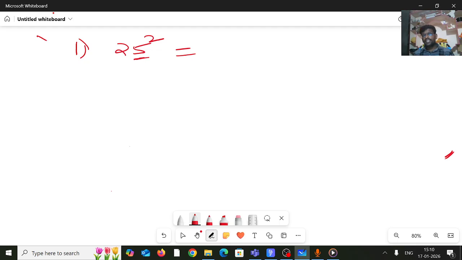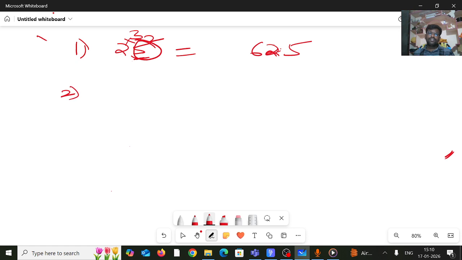In 25, ones place digit is 5. For this type of numbers, directly write down 5 square, that means 25, and the first number is 2. What is the next number of 2? 3, right? 2 times 3 is 6, 625.